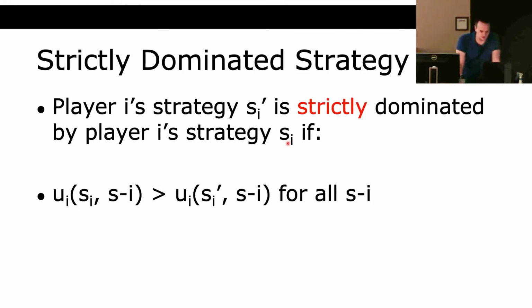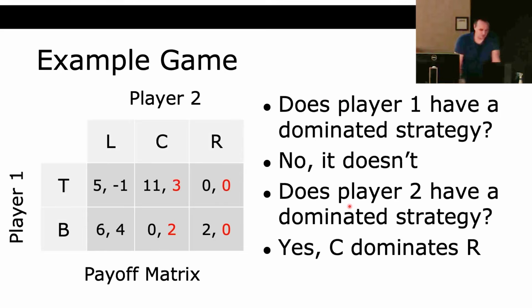So we have two choices here, si and si prime, if the utility or payoff for player i, given si and all the other choices, is strictly greater than the utility of choosing the other thing, for all possible choices of all other players. Now, why am I saying s minus i? Because there could be more than 2 players in this game, but it is very difficult to draw 3D or more dimensional matrices on a slide.